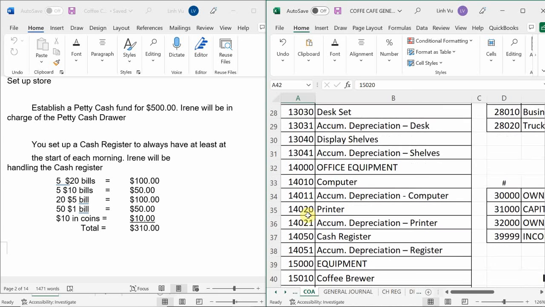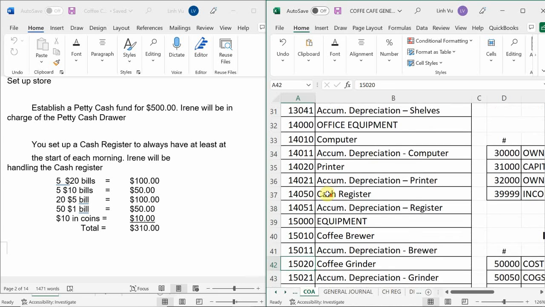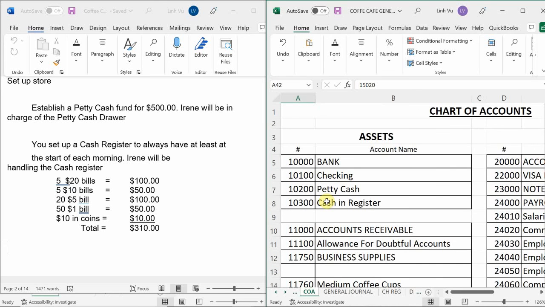Okay, so we know for sure you're right. The cash register here, this is us acquiring the equipment, right? So that's not what we're looking for. Up on the corner, there's cash in register. There is a cash in register, okay? So that, in other words, could be the cash on hand account.